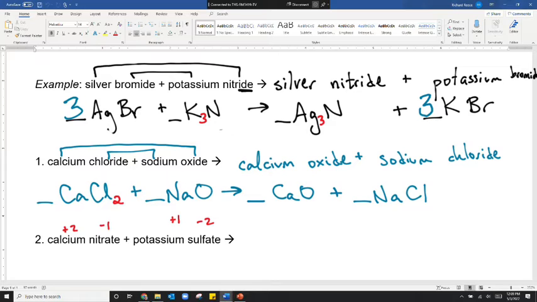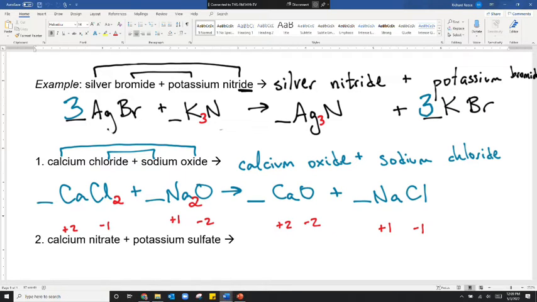Yeah, look at those charges up there. I put the charges in red underneath them. Good job. I need Na2O to make that add up to 0. The charges are the same on the other side, so it helps that I looked them up already.